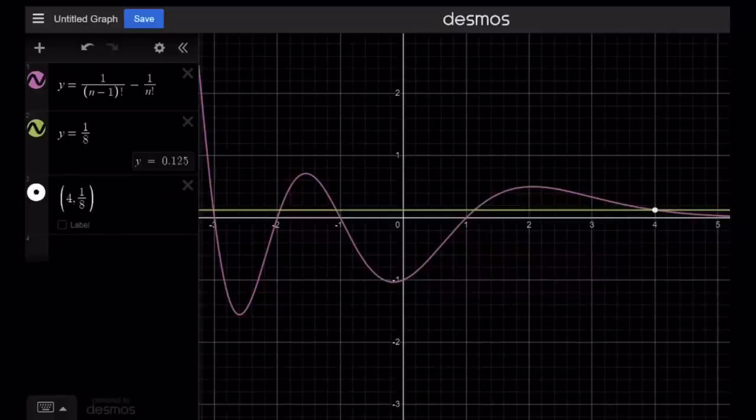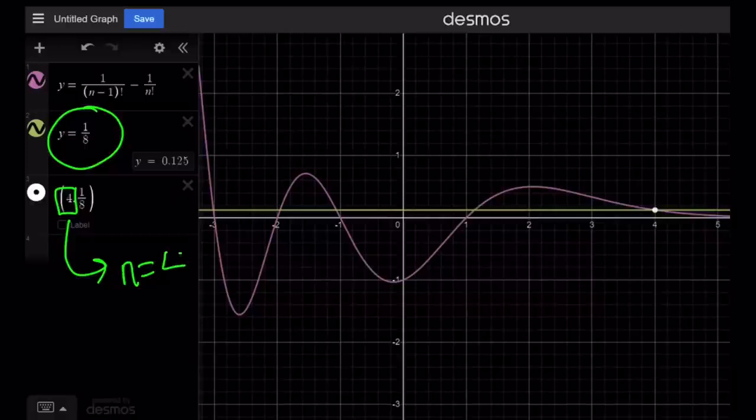And our line y equals 1 over 8 actually intersects this interesting graph very many times. You don't see the whole thing, but it's just going to keep intersecting. And you're going to have infinitely many solutions that are not integers. But the only integer solution is going to be at n equals 4.